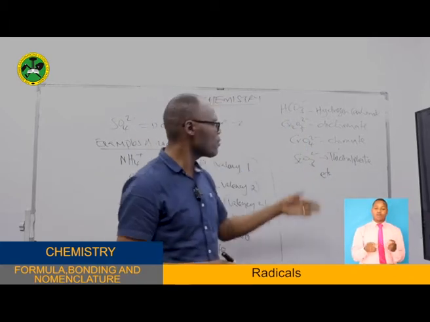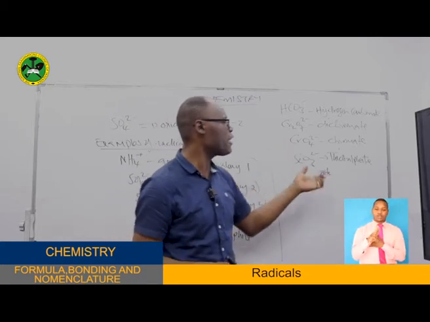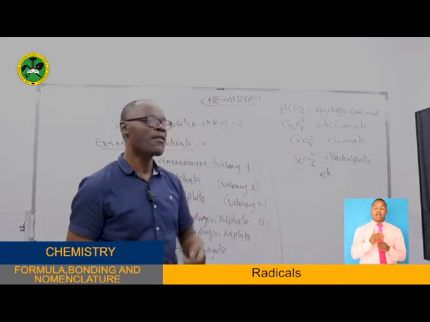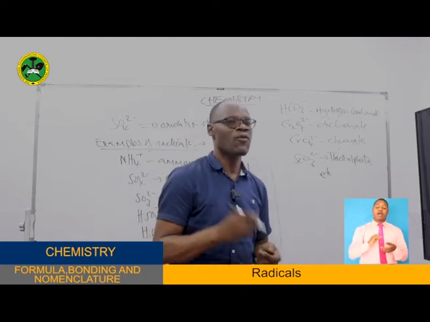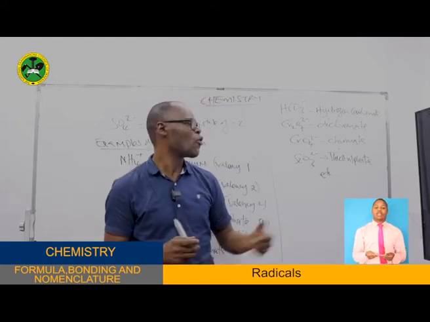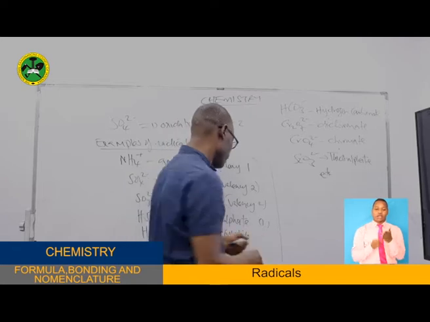Now, once you have known the radicals and their charges, especially the oxidation states or the valencies, then you can use that information to write formulas of compounds which consist of radicals.